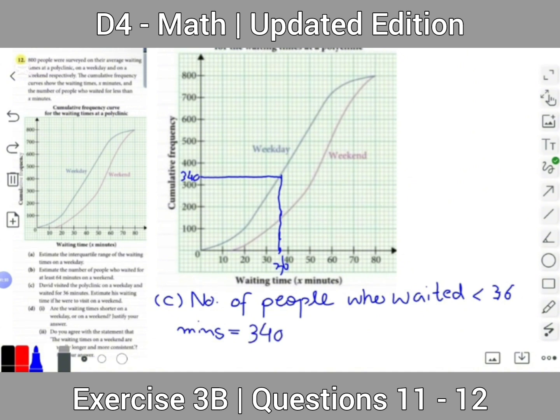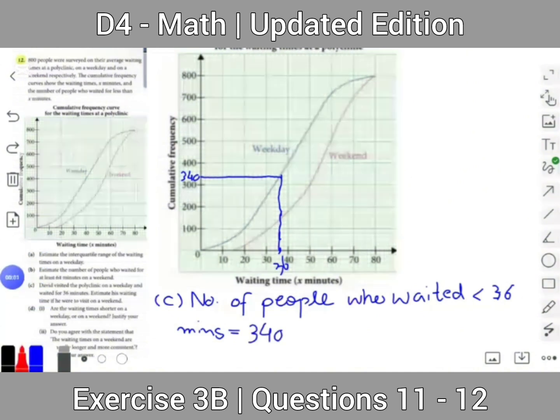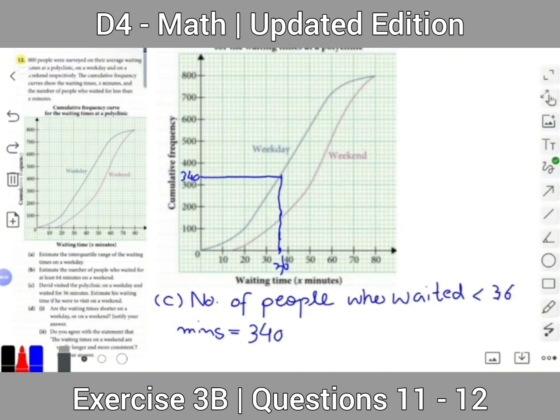Now from the weekend curve, from 340 we will extend the horizontal line until it touches the weekend curve. Now from the point of intersection on the weekend curve we will draw a vertical line until it touches the x-axis. Right, we have the corresponding value 52.